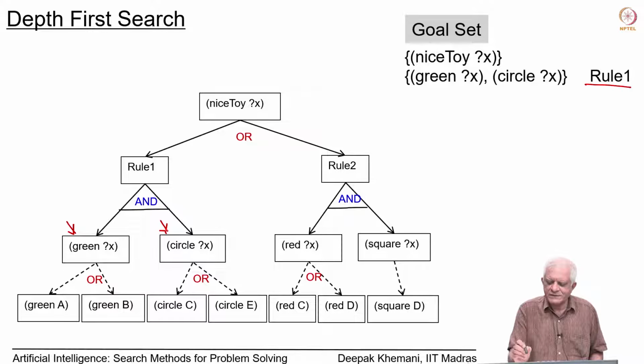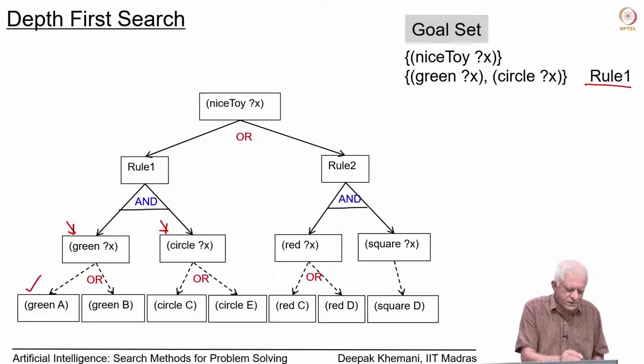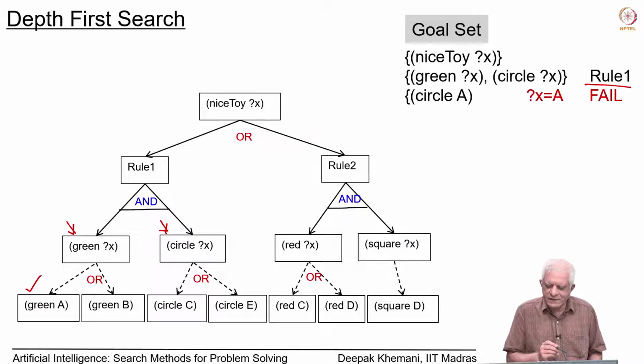Then again, as we said, we always pick the first element in our goal set. We are going to look for something which is green. And of course, this is found here which is green of A, and our goal now reduces to saying that yes, A is green. Now go and check whether A is a circle or not.